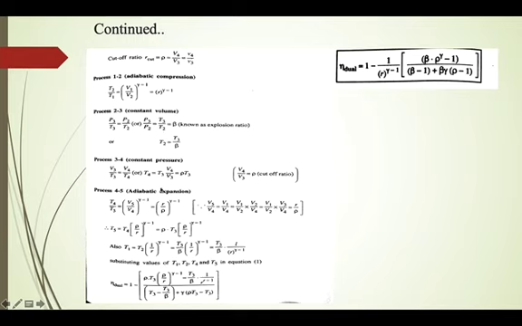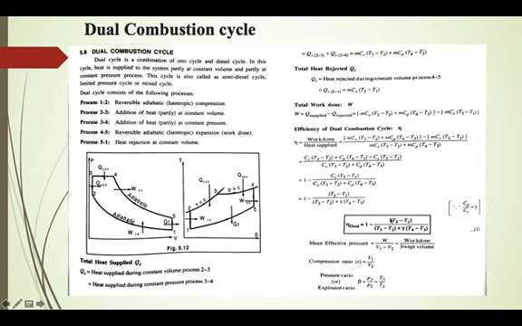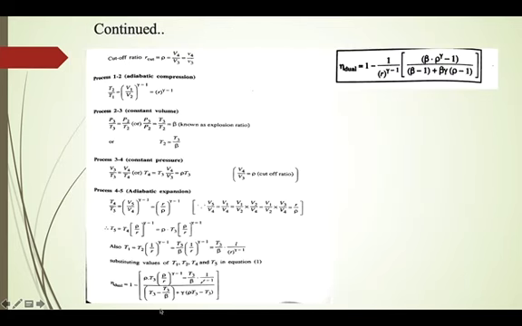Now substituting these ratios over here and converting all the temperatures, that is T5, T3, T2 and T4, in terms of T1. This is simple, you can just read it out, and substituting in the expression for efficiency, we get the efficiency of the dual cycle as 1 minus 1 by r raised to gamma minus 1, into (beta into rho raised to gamma minus 1) by (beta minus 1 plus beta gamma into (rho minus 1)).